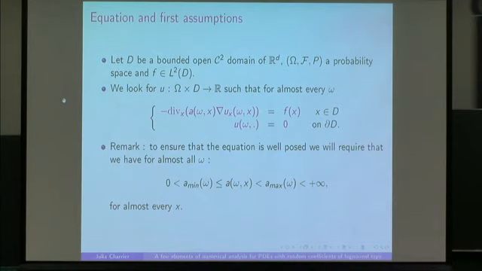So first thing, for people who are not familiar with PDEs, when you have this kind of PDE, we want the coefficient A to be bounded from above and below as a function of x. So for a fixed omega, you need A to be between some positive value A min and some finite value A max.